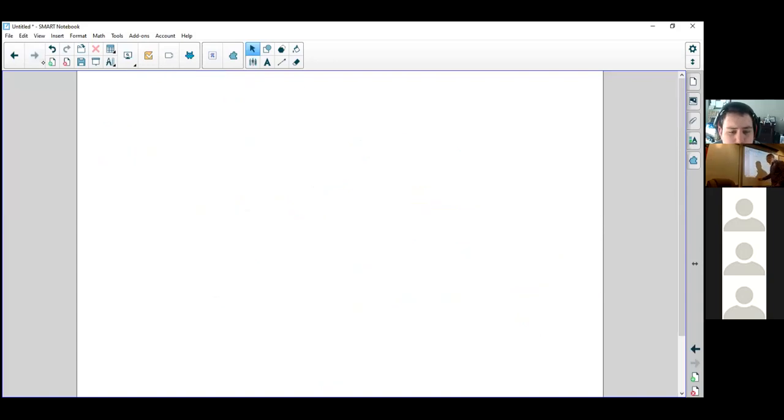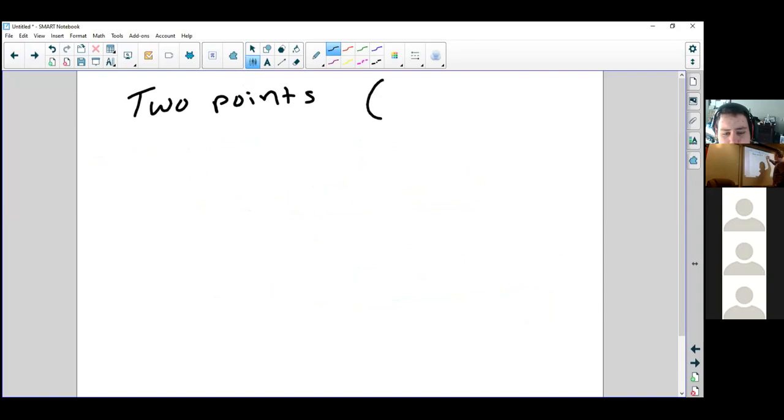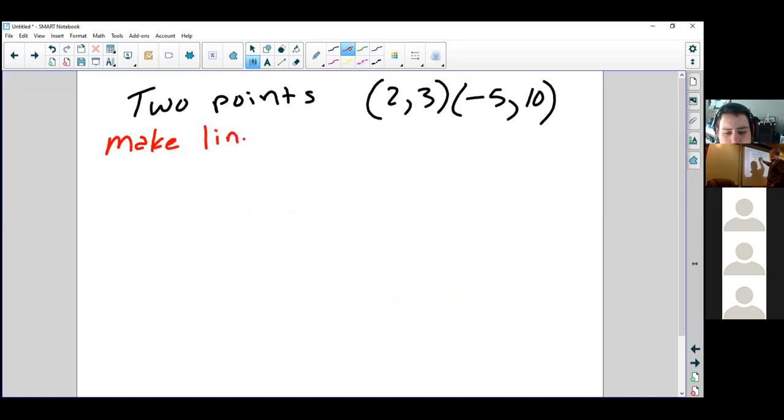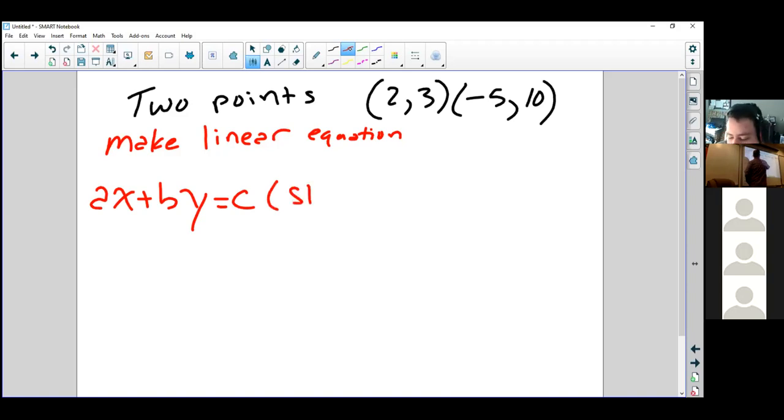So let's say I have 2 points given. Let's say we had that. And we want to make this a linear equation. Now we have to remember a linear equation can be written like this, which is called standard form.